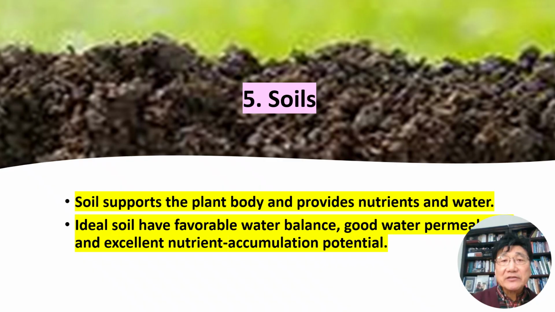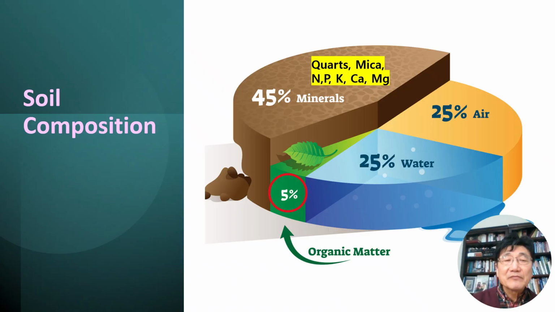The next factor affecting the physiology and growth of plants is soil. Soil supports the plant body and provides nutrients and water. Soil is made up of four components: 45% minerals, 25% air, and 25% water.